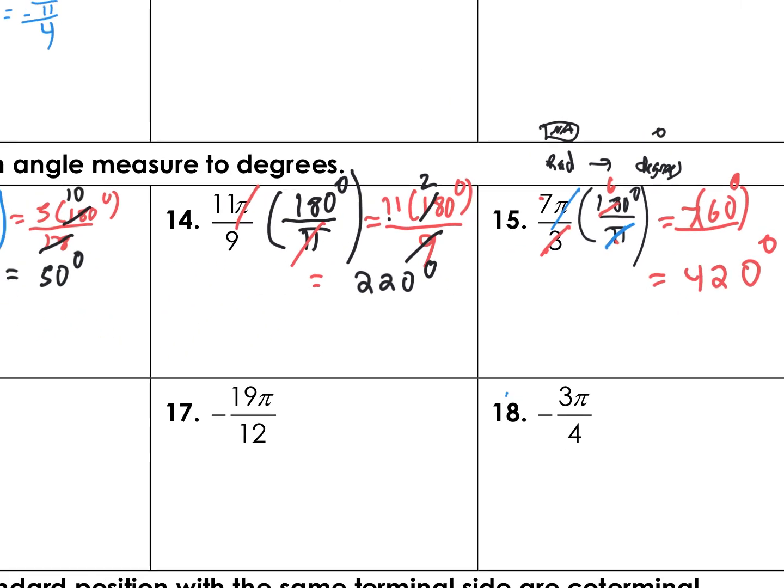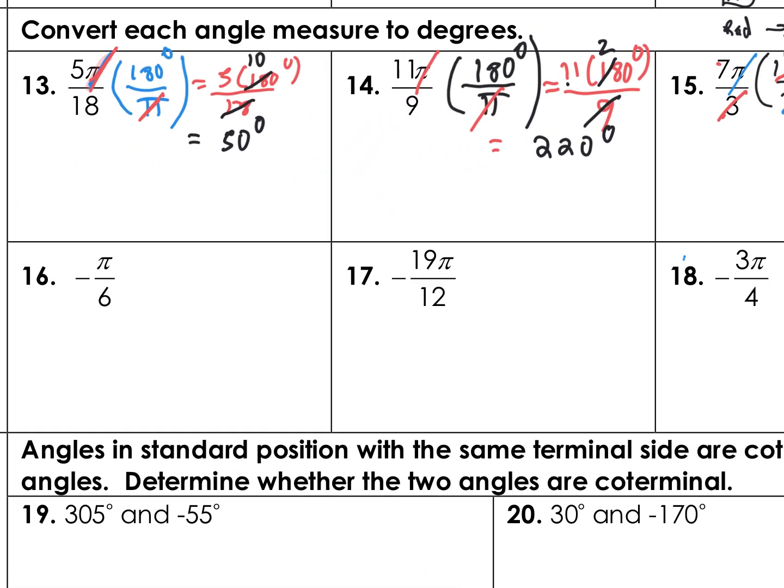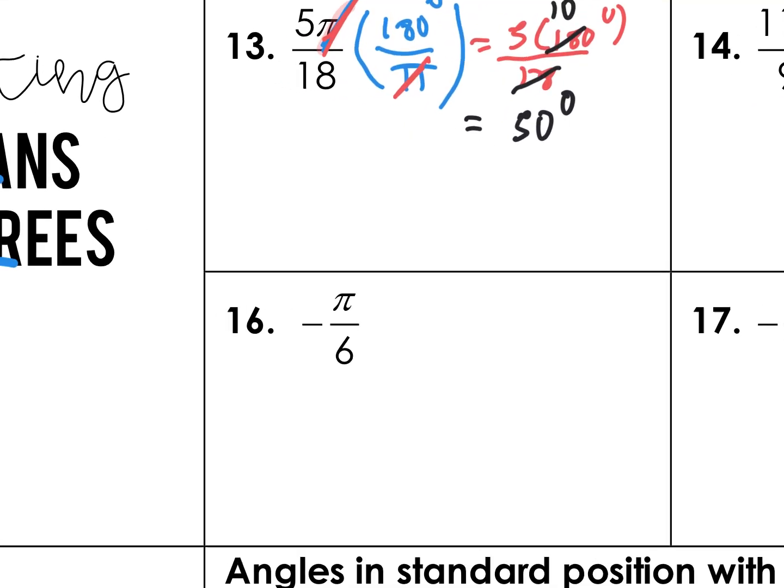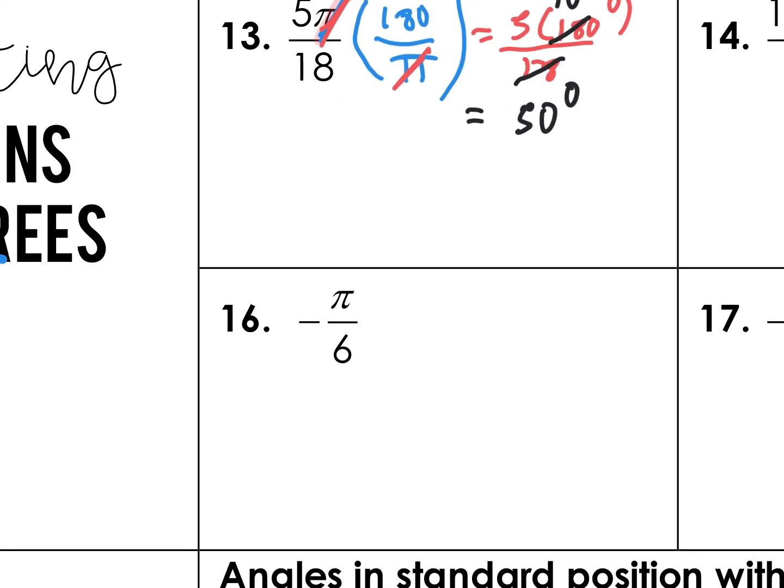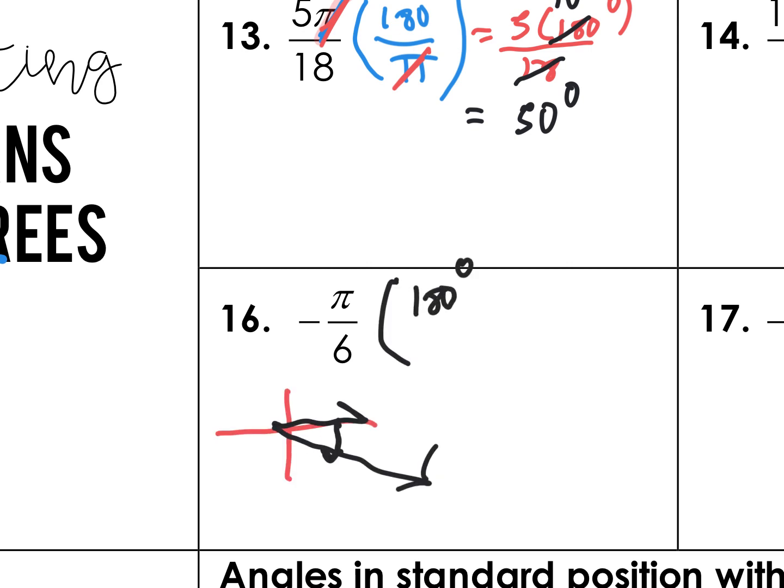Do I want to do any more of those? Let me do this one. This is a famous one. By the way, it's a negative angle. So don't be surprised if this angle opens clockwise and forms an angle down here, okay? Here goes my conversion, times 180 degrees over pi radians.